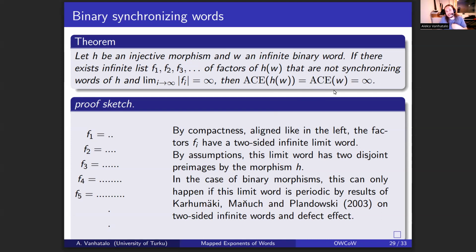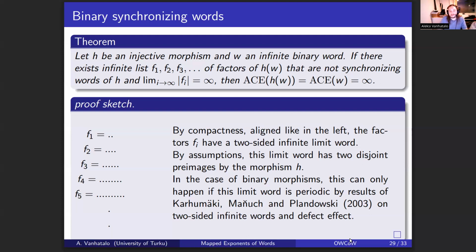How this is obtained is that we get the limit word of these non-synchronizing factors in a way that we obtain a two-way infinite word. And since they are not synchronizing, it means that we must have two disjoint pre-images for this two-way infinite word that we obtain as a limit point.